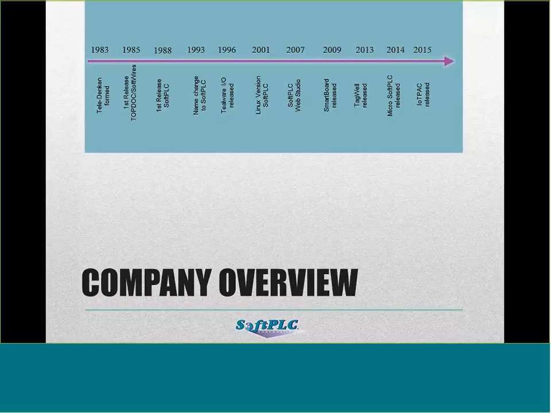We've added a whole lot of great functionality. In 2013, we released a product called TagWell, which is our cloud-based platform for Internet of Things or Industry 4.0 type applications. And now in 2015, along with InduSoft IoTView, we have the IoTPAC product.